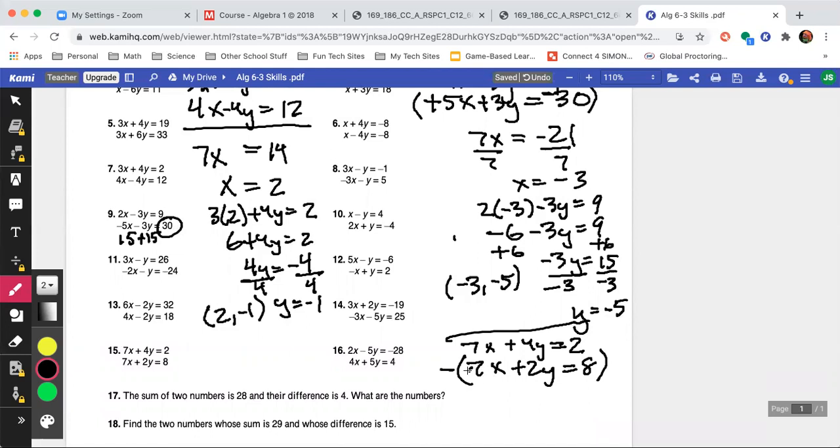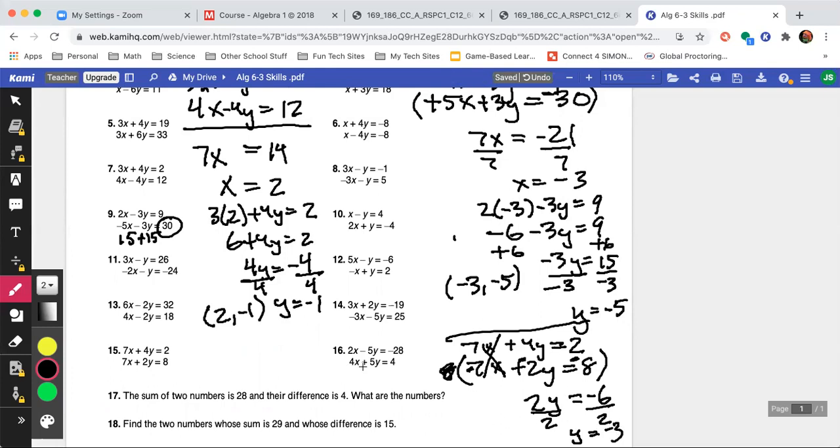So this becomes negative, this becomes negative, this becomes negative, right? And I applied that so I could get it out of there. So 7x and negative 7x cancels it. 4y minus 2y gives you positive 2y. And then 2 minus 8 gives you negative 6. And that means that we divide both sides by 2, that y is equal to negative 3.